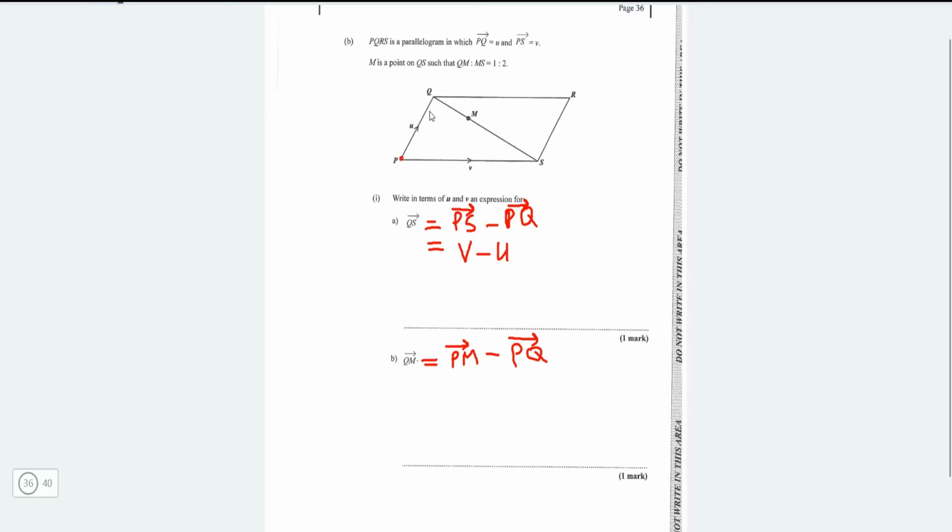To go from P to M would be equal to going from P to Q and then from Q to M. So that's plus QM. And then I need to minus my vector PQ.